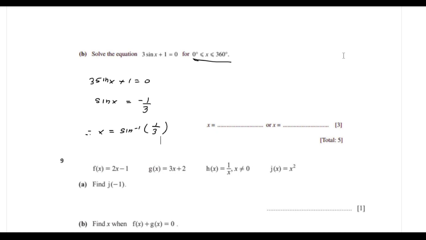Use your calculator. So one value you will get is 19.47. You can round it to one decimal place like 19.5, or you can write 19.47. It's your choice. So I will write 19.47.